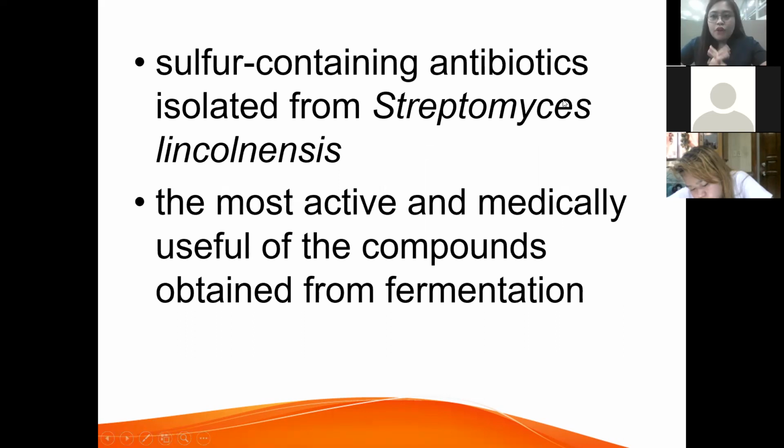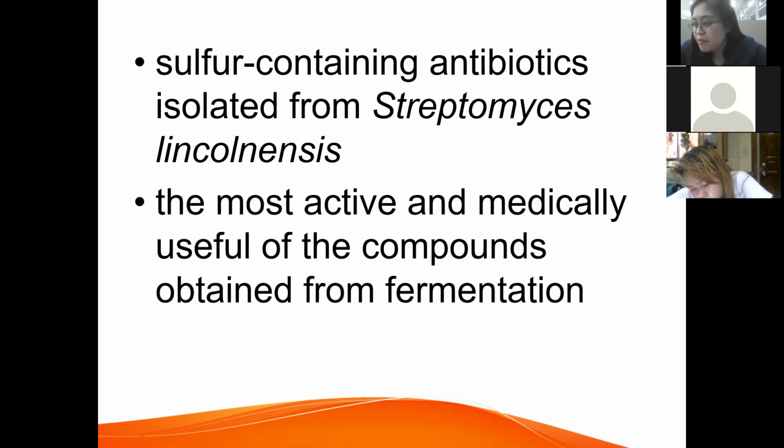So take note of the following information that you need to know about our lincomycins. First, they are our sulfur-containing antibiotics. Remember, the sulfonamides and the sulfones are also antibacterials that contain sulfur, but remember that they are synthetic. This time, our antibiotics derived from a microorganism that contains sulfur are the lincomycin.